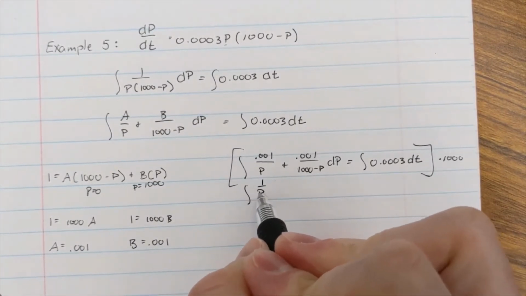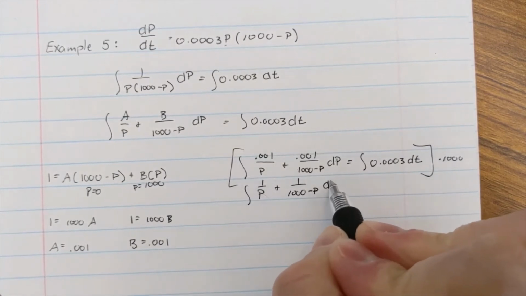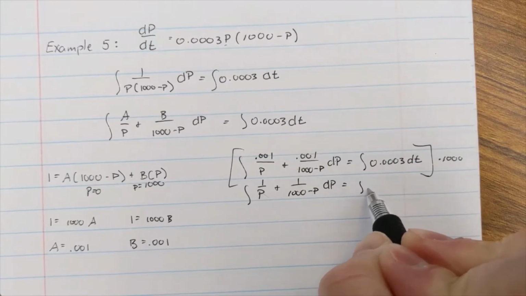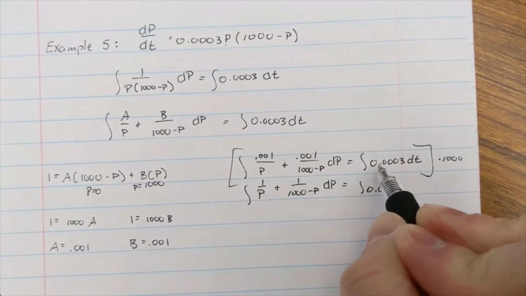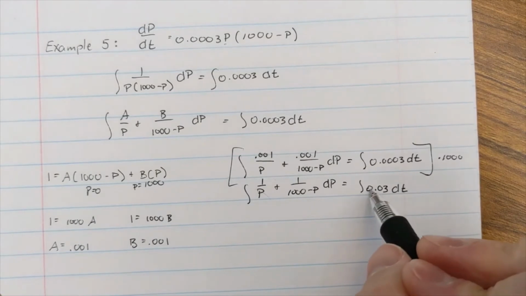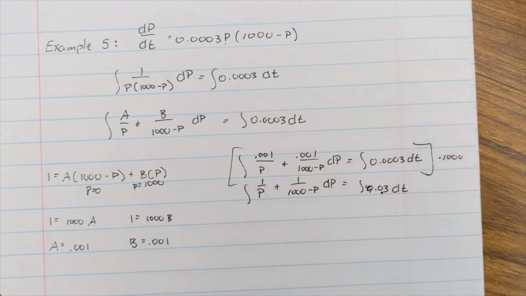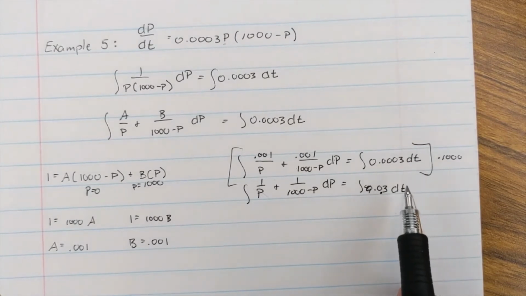So it just becomes 1 over P, 1 over 1,000 minus P, and this becomes 0.03 dt. Not 0.03, I think I have an extra 0 in there, 0.3. There's an extra 0 somewhere.